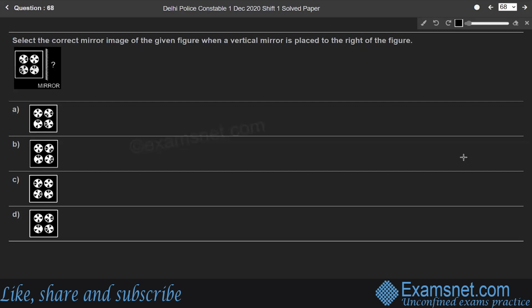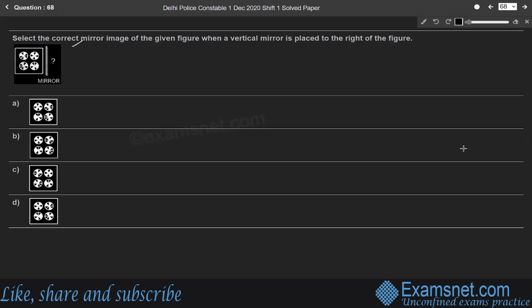Question 68. Select the correct mirror image of the given figure when a vertical mirror is placed to the right of the figure. The given figure has 4 images: 1, 2, 3, and 4.